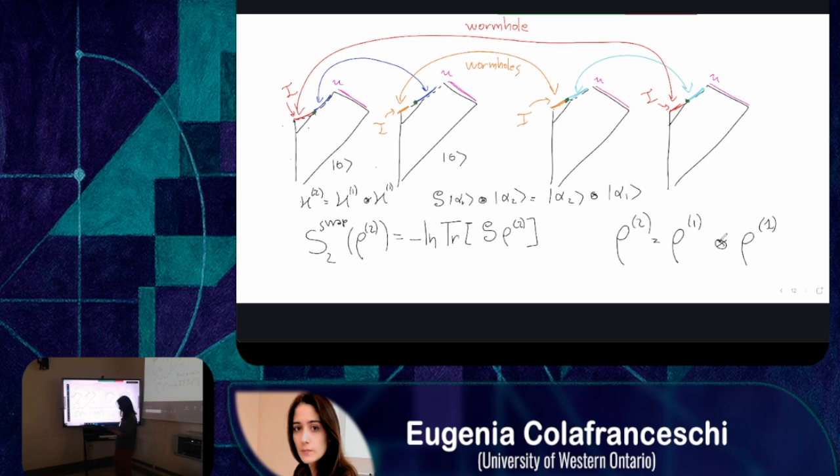It's going to be different if the two copies are actually correlated. So you can set up the boundary conditions to compute the swap entropy, and then in particular compute the von Neumann swap entropy as a limit for n that goes to 1 of this swap entropy for a generic n.